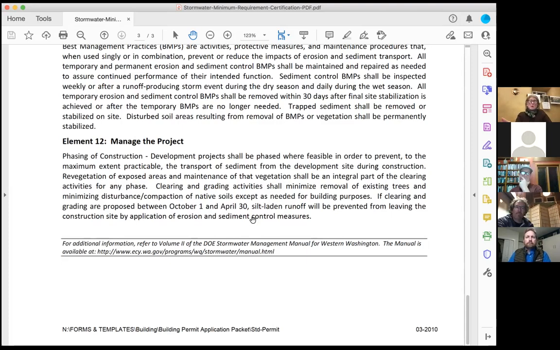You only have a little window, but I like to do it then because I think it's a lot less disturbance. And then you start your building in the spring. You've had a chance to see how the site is reacting to all that new clearing. Not that you can always do that, but that's just my preference, actually.